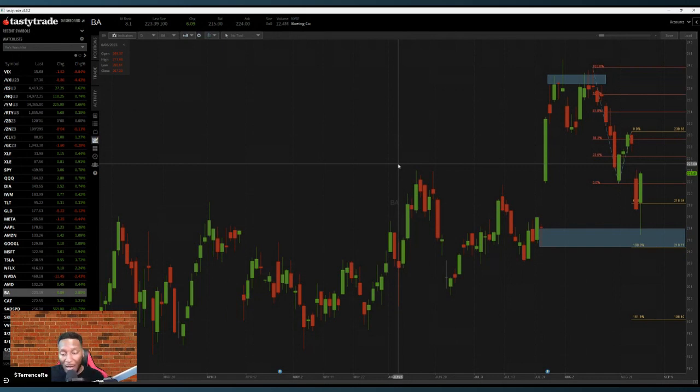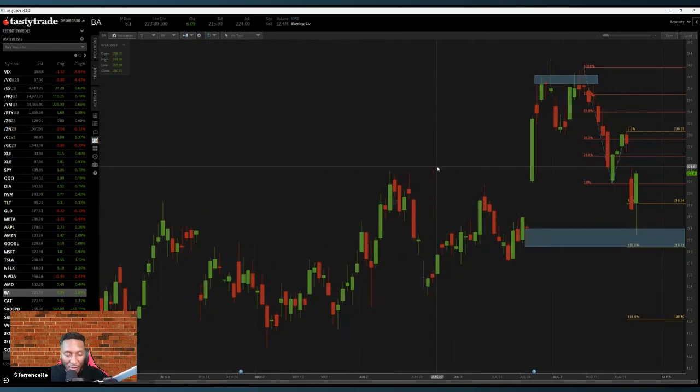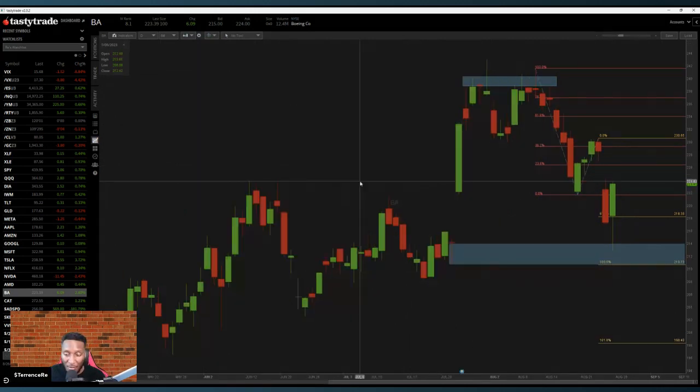If you go to higher time frames like a weekly or a monthly, you can find support and resistance levels there, but it's just been my experience that dailies are the best for finding your levels. Stay on the daily.